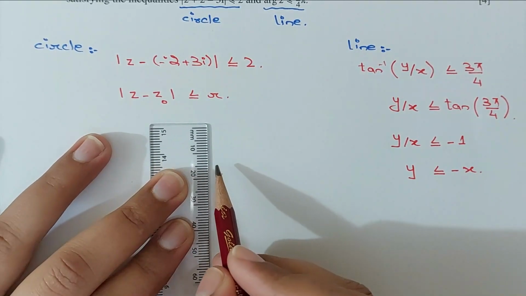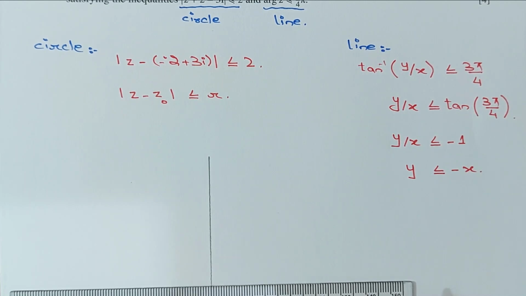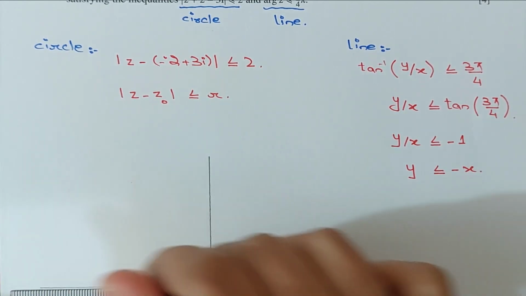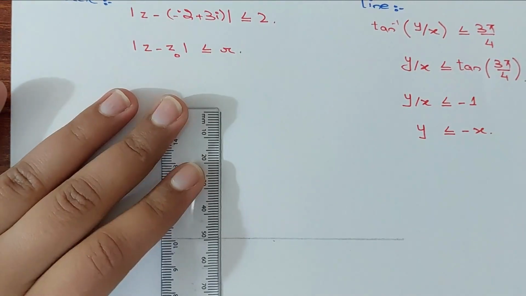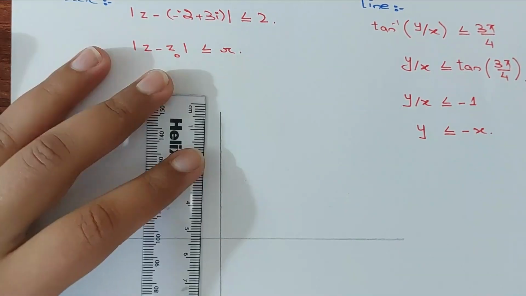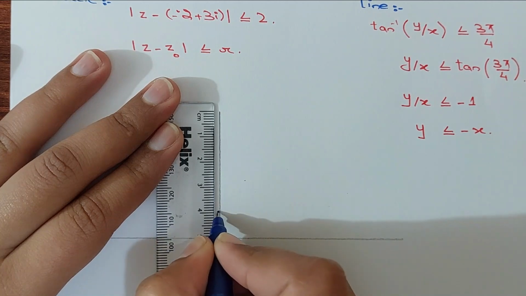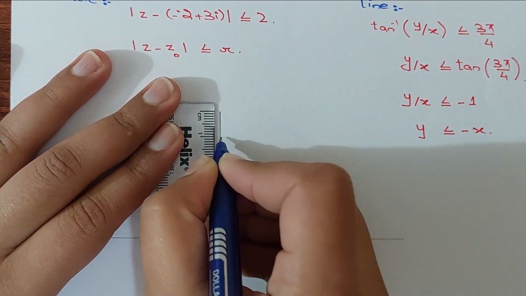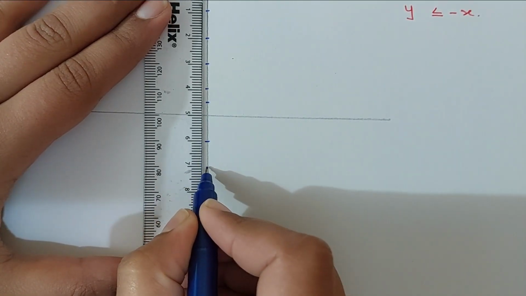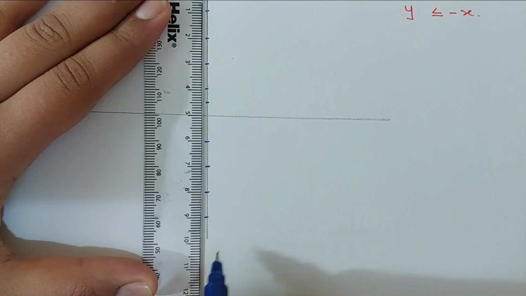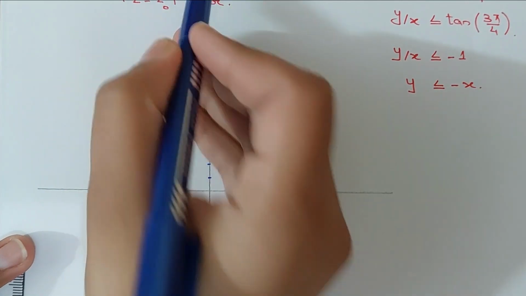Okay, so in a sketch, if I number these points as centimeters, we need 1, 2, 3, 4, 5, and at the bottom we have -1, -2, -3, -4, because for the center we need -2 and 3.